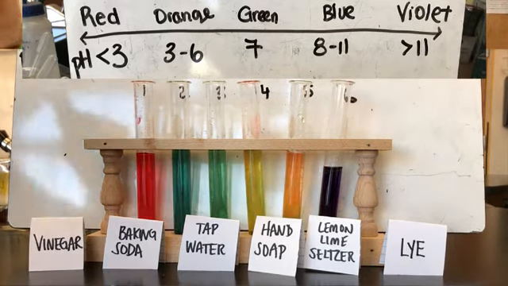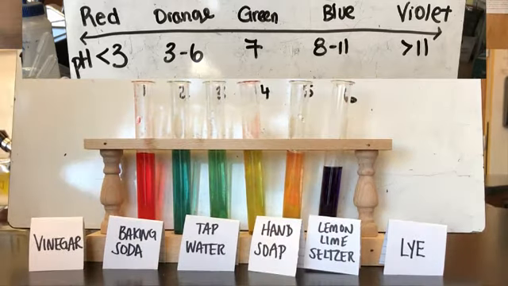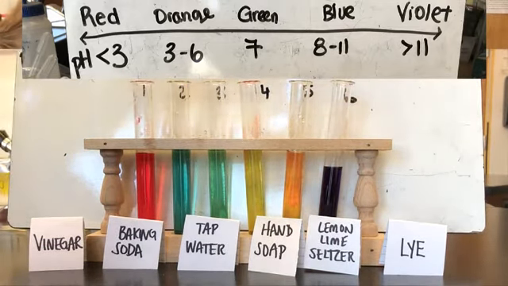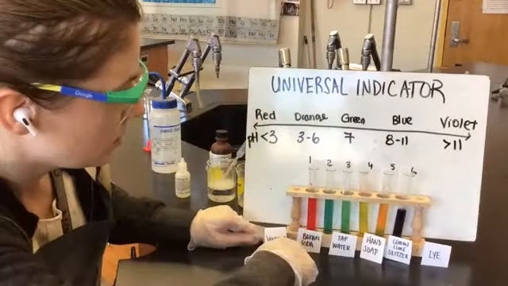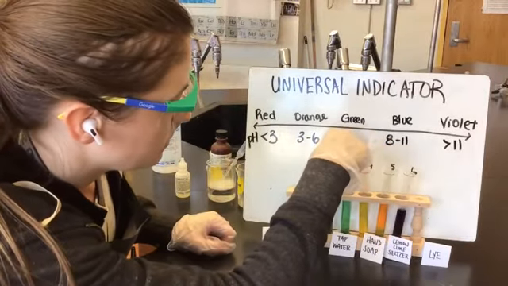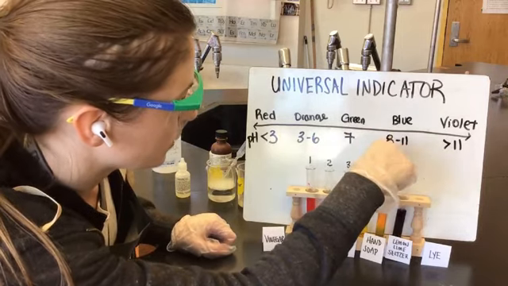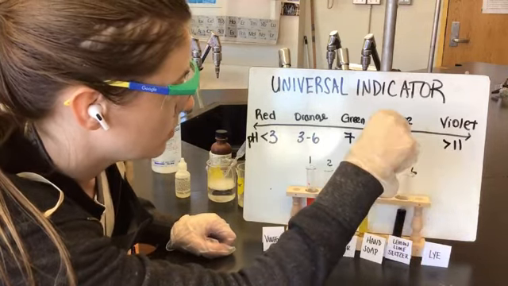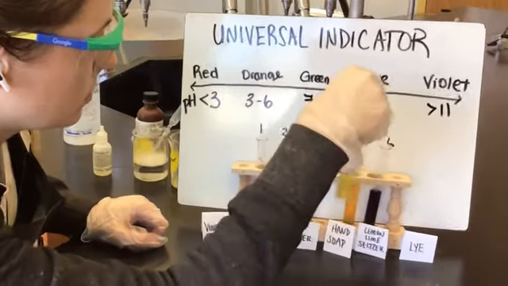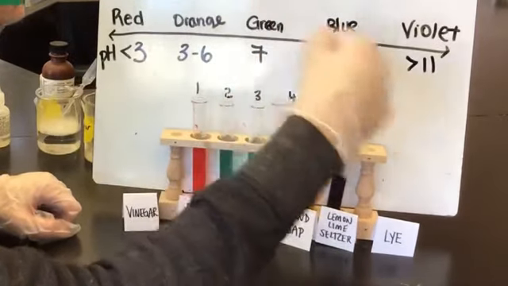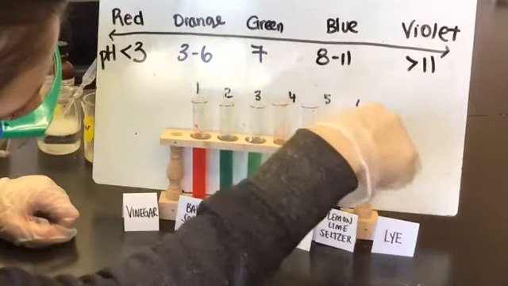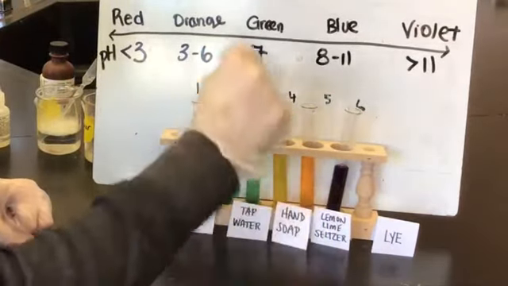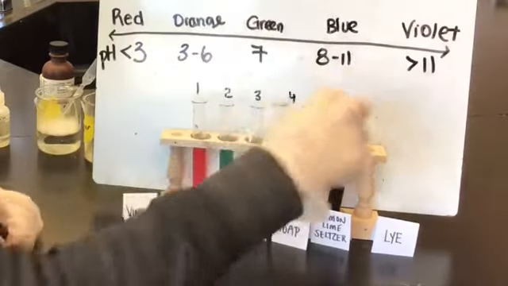Now, I am going to take a look at the universal indicator range here and think about how I might want to line up my substances. So I've got red, that was my vinegar. Baking soda is more blue, so I want to end up with it over here. I want to move my more orange and yellow further down on the pH scale. So let's say, it looks to me like lemon lime seltzer is closer to orange, hand soap is closer to yellow green.